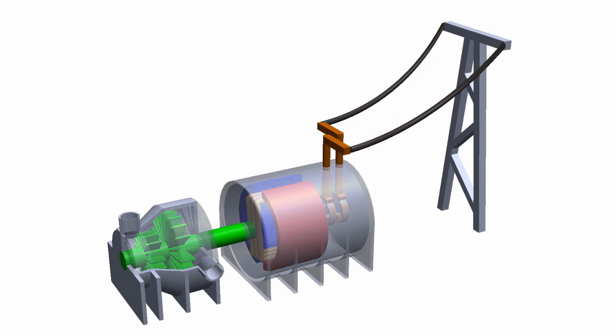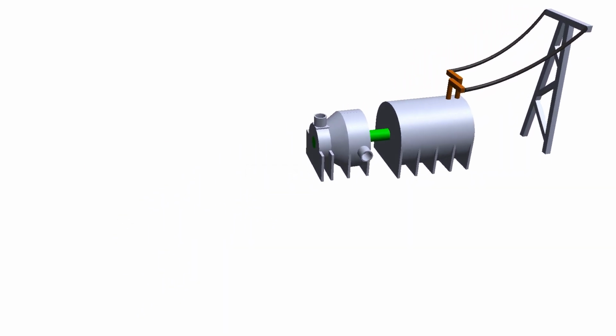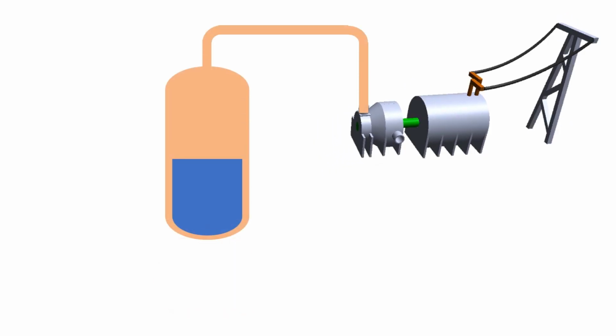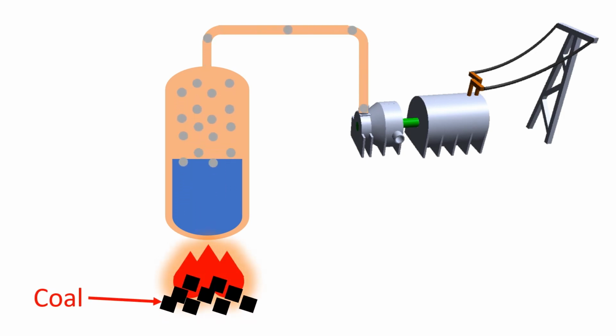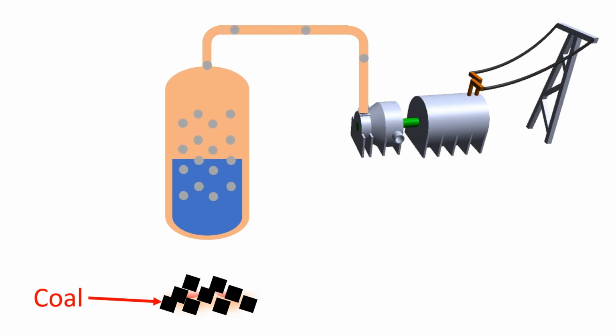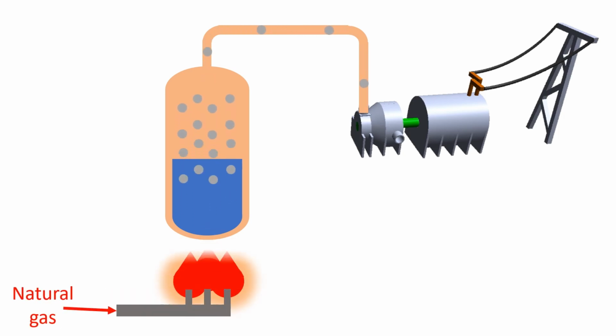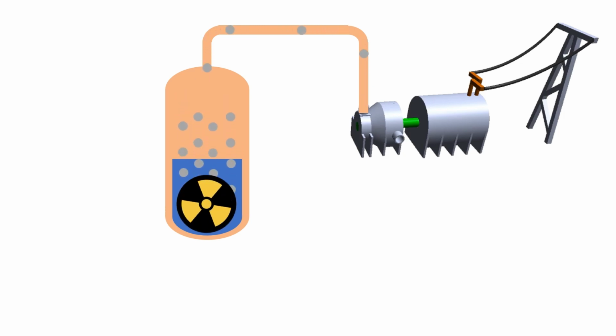To produce steam, we need to boil water. Various sources can provide the necessary heat, such as coal, natural gas, or nuclear reactions. The high-pressure steam rotates the turbine, which then drives the generator.